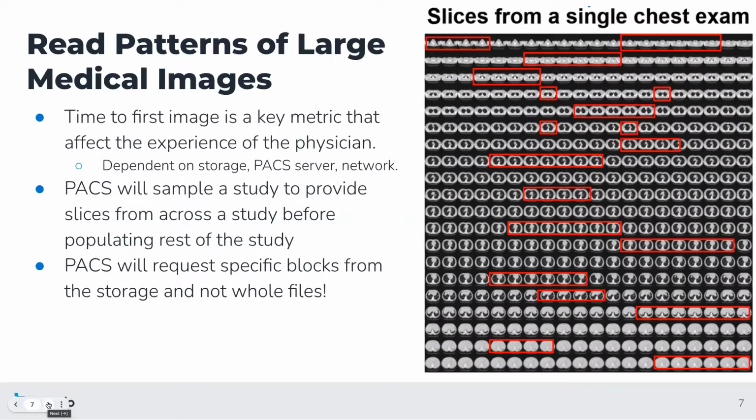What Qumulo does, our advantage, is that we don't look at the PACS system accessing file 1, 2, 3, 4, 5, and so on. What we actually look at is the PACS system accessing a bunch of blocks, and these blocks are sequential.